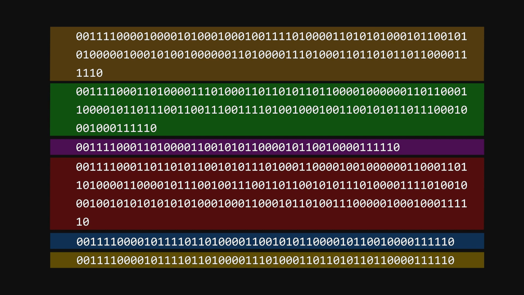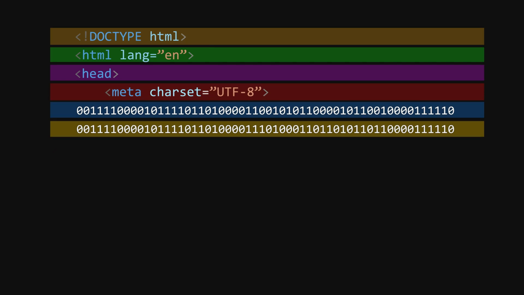How can the character encoding get set within the document that needs to be character encoded in order to see the meta element that assigns the character encoding? I guess the browser can guess which encoding to use, and until it gets down a few lines and sees the meta UTF-8 element, it goes, oh, got it. Now I'm going to restart and use that character encoding. But we can do better than that.